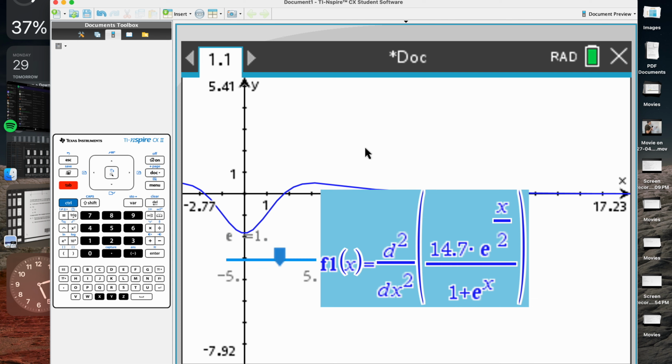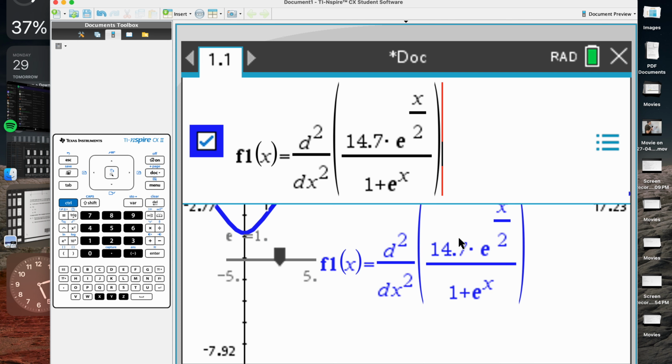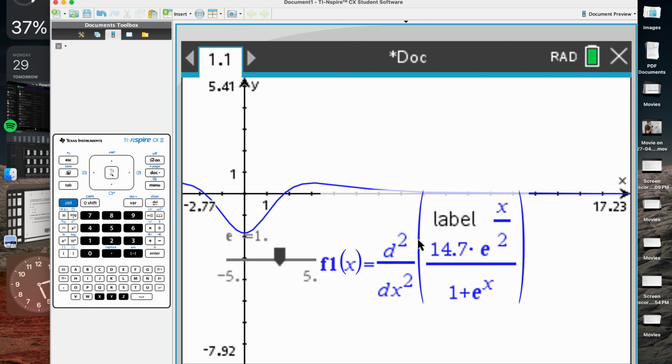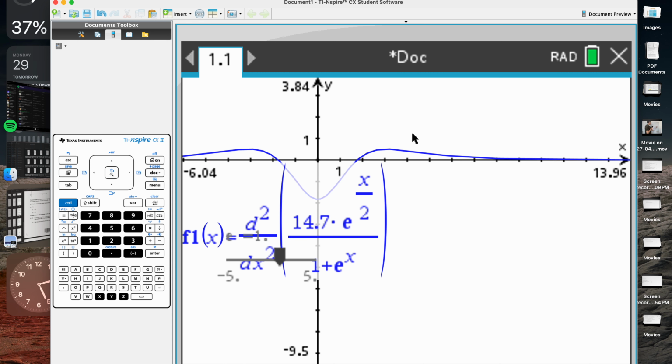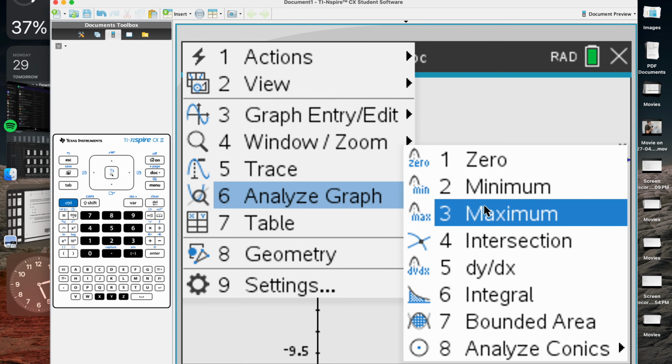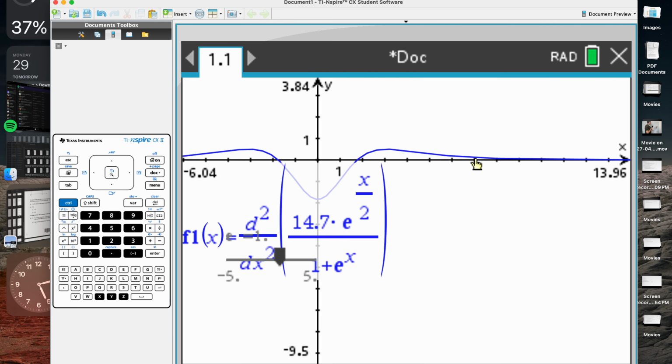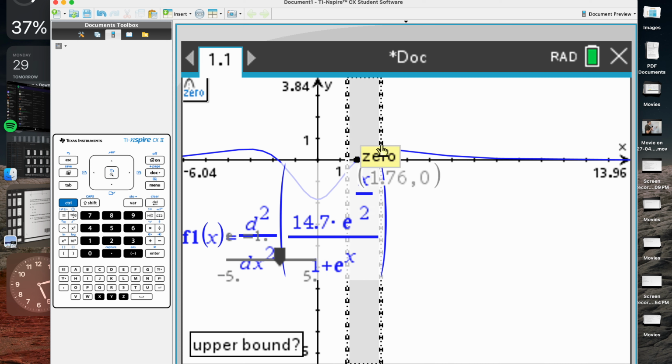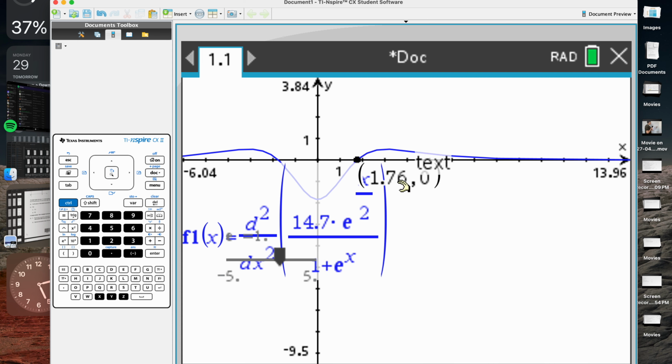So this is the f of x. Now we want to take its derivative, right? Oh wait, I guess this is correct. Yeah, it is. Okay, so you can draw this graph, sketch it, and then using the zero, you can see that at 1.76 you have a point of inflection.